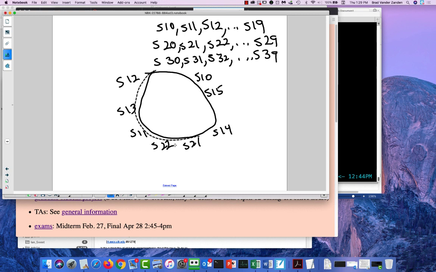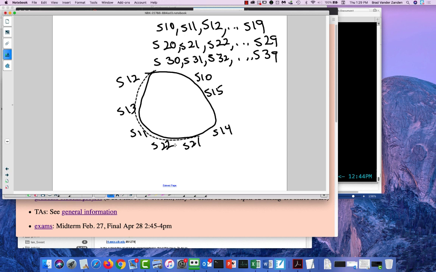Now there are actually only 3 servers: 1, 2, and 3. So everything that maps to a server that starts with a 1 goes to server 1. Everything that maps to a 20-something goes to server 2. Anything that maps into the 30s goes to server 3.